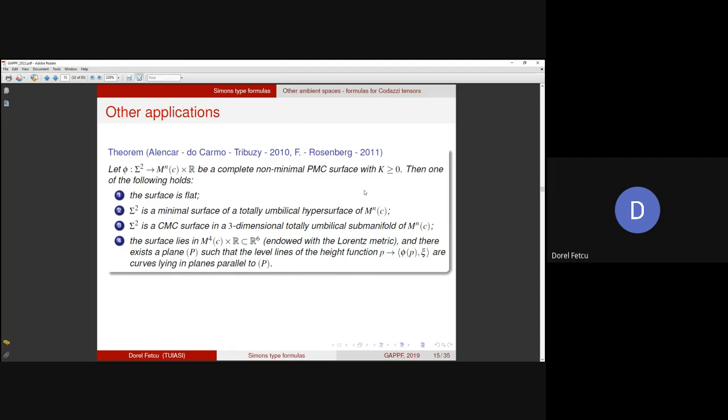The Simons type formula that I mentioned before allowed us to extend the very nice theorem by Alencar, do Carmo, and Tribuzy to the case when the sectional curvature of the space form considered in the product space is greater than 0.